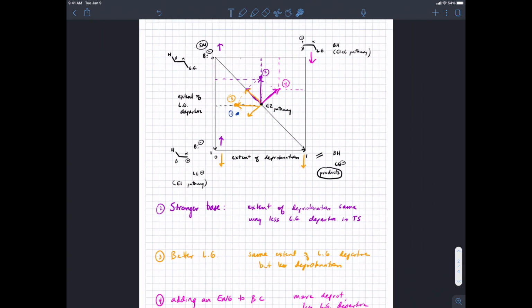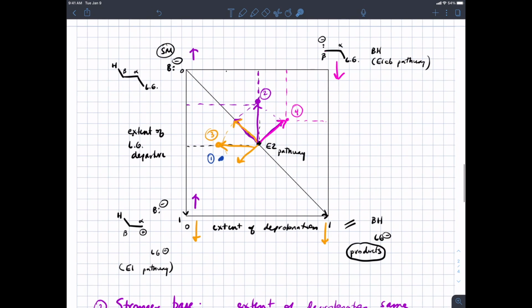For example, in purple, where we changed the base and we made it stronger, you can imagine sort of some intermediate values of weaker and weaker bases. The principle would seem to emerge that the strongest base would be less selective than the weaker base for the more substituted alkene.